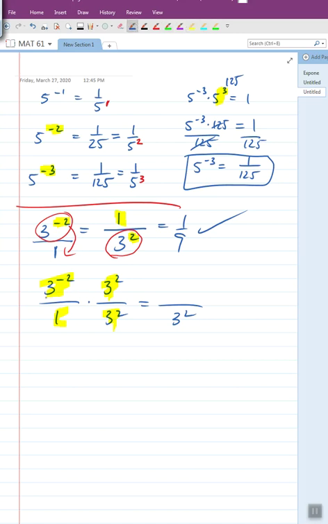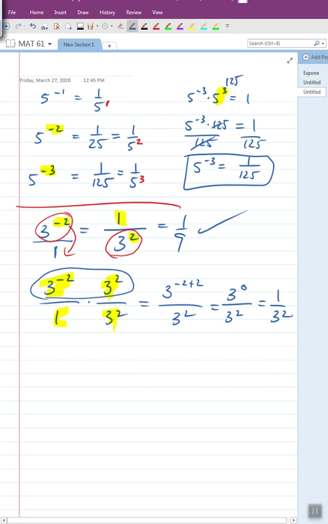Well, since you're multiplying two things that have the same base, wouldn't you just add the exponents? And if you add those exponents, you get 3 to the 0. What's anything to the 0 power? 1. Which means my answer is 1 over 3 squared. And so you see what happened there. Basically, the effect of this was that I moved that 3 to the negative 2 to the bottom, and when I did, the sign on that exponent switched from a negative to a positive.